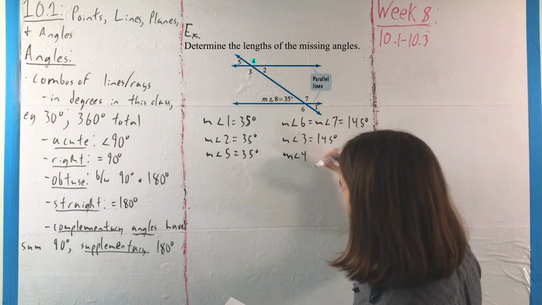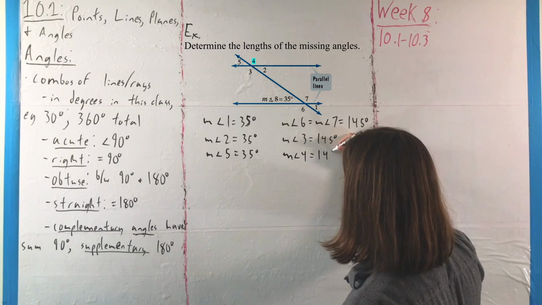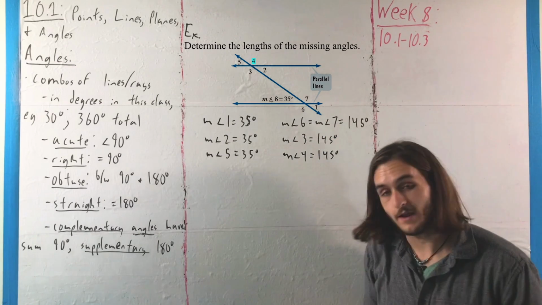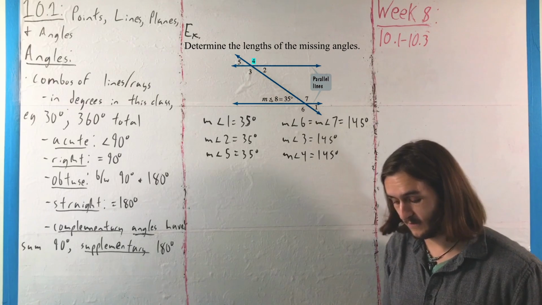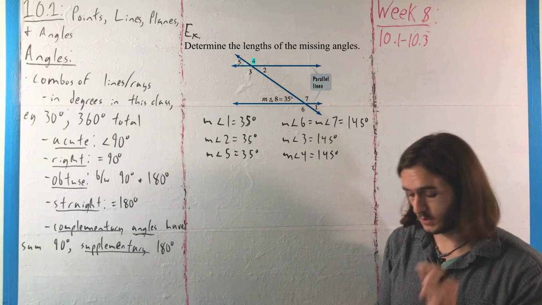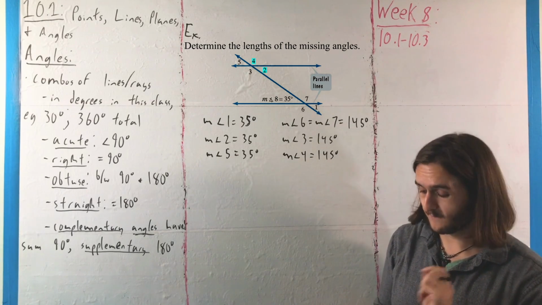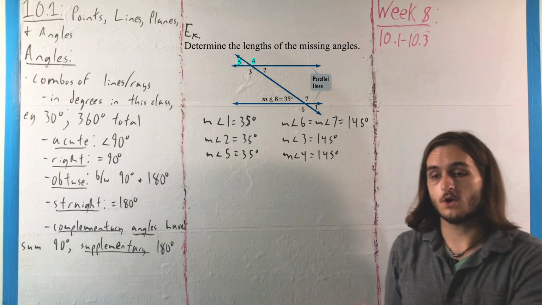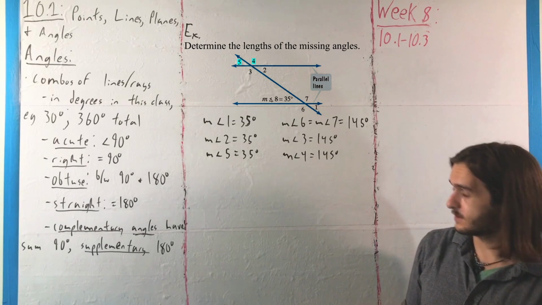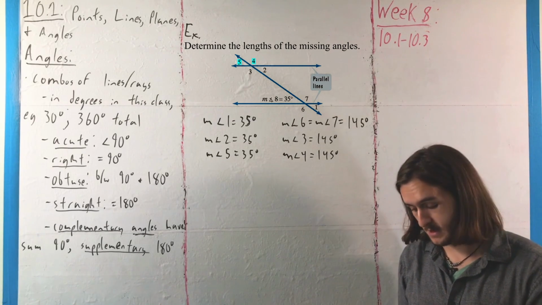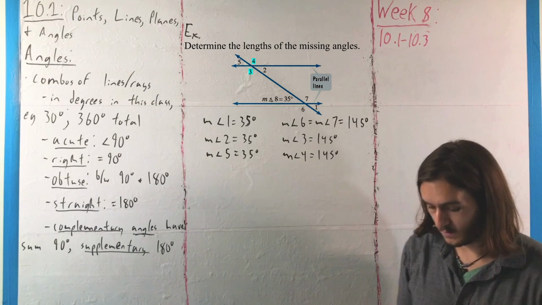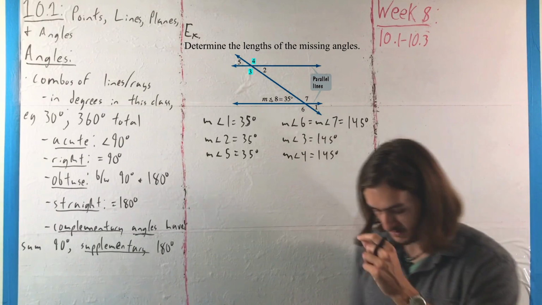for so many reasons at this point. Either you could say the measure of angle 4 is equal to 145 because it is supplementary with each of 2 and 5 separately. It is also a vertical angle with relationship to 3. It is also a corresponding angle with relationship to 7.